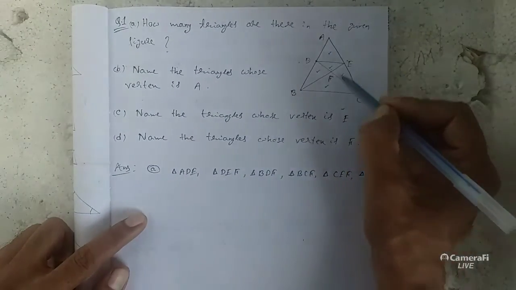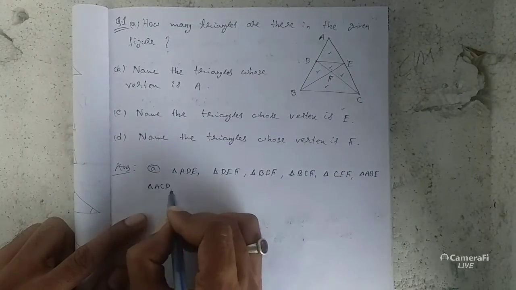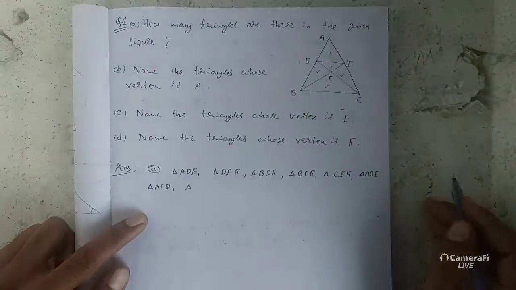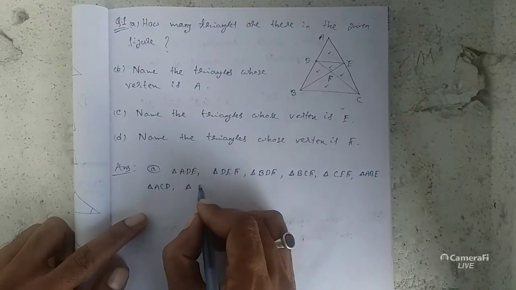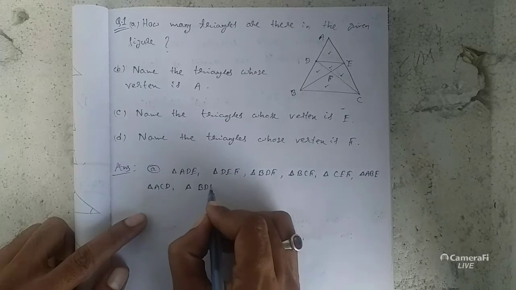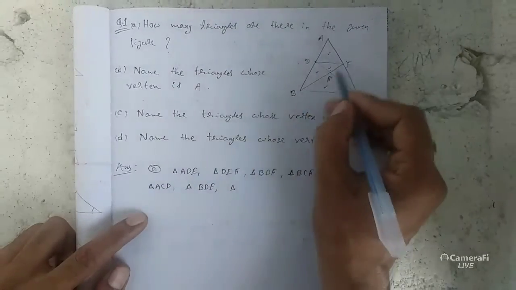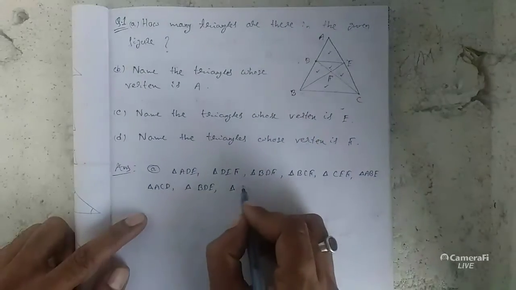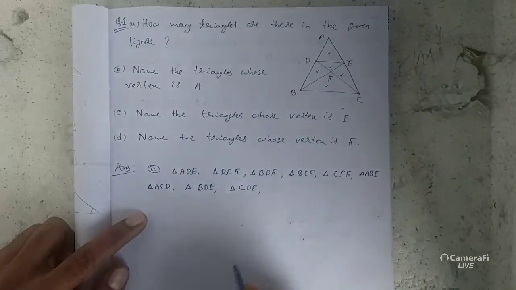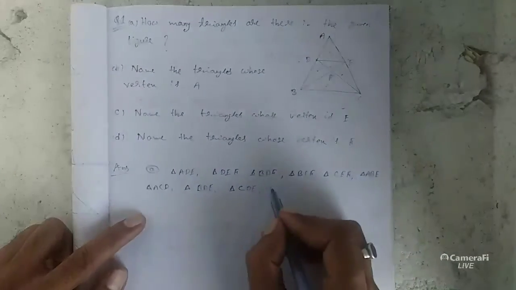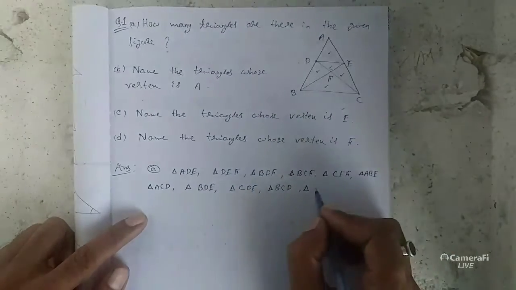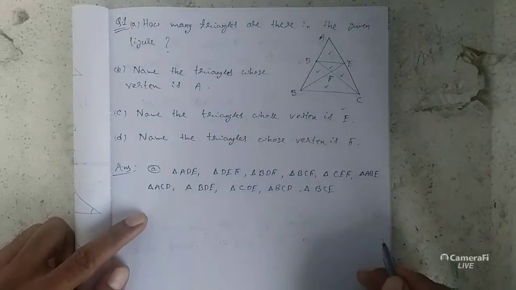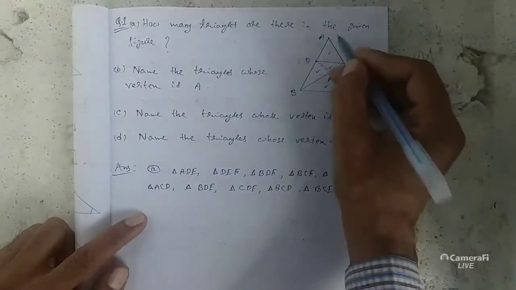Similarly, ACD. Next, DEB or BDE. Next, CDE. Now BCD, BCE, and the large one ABC.